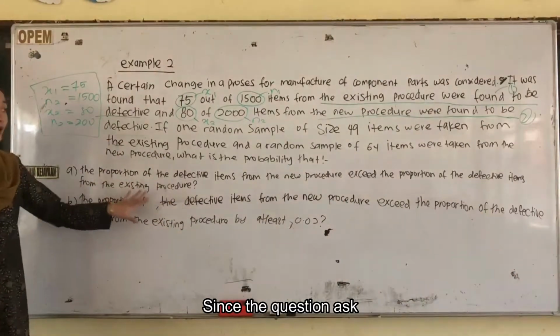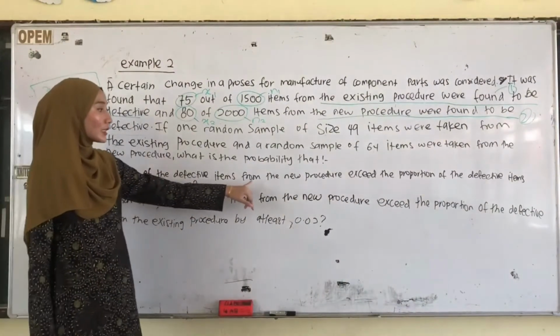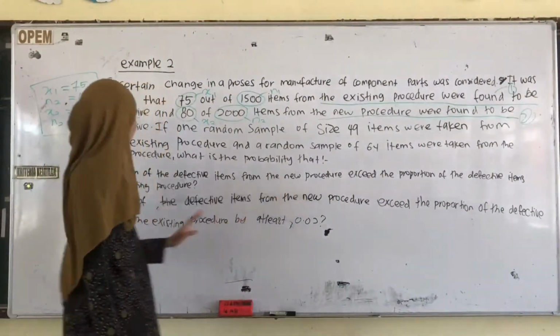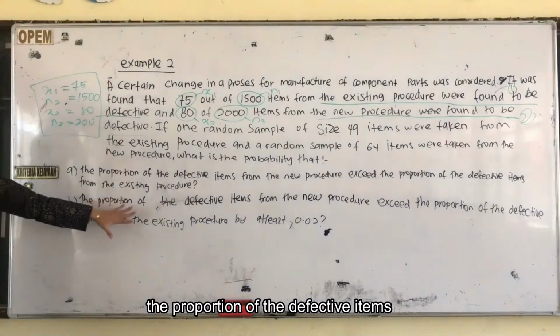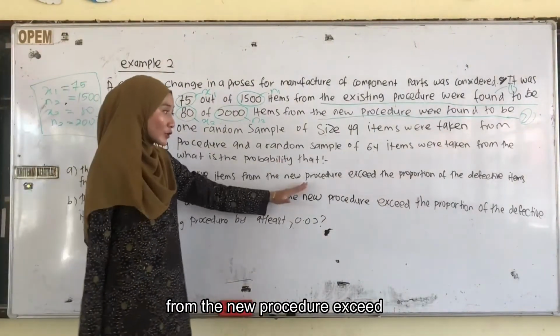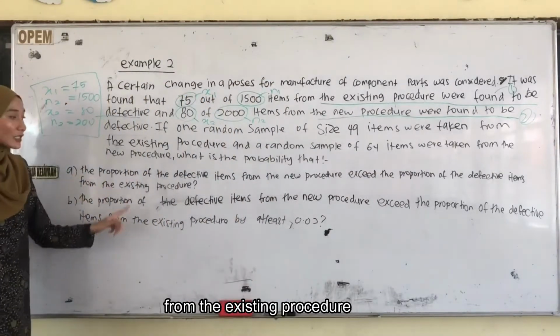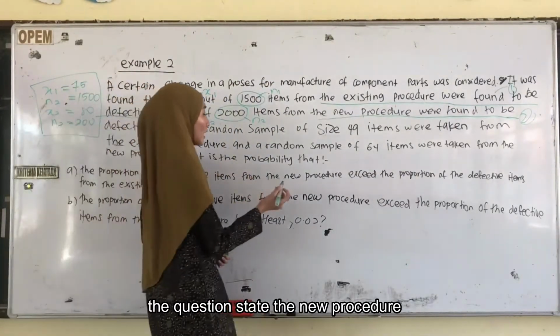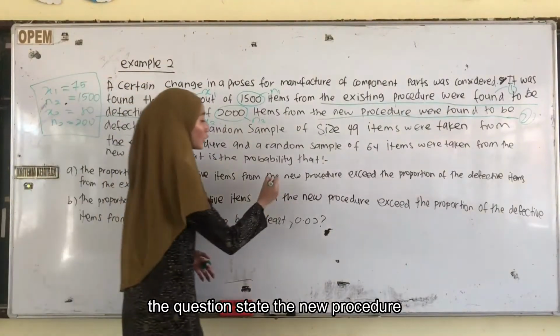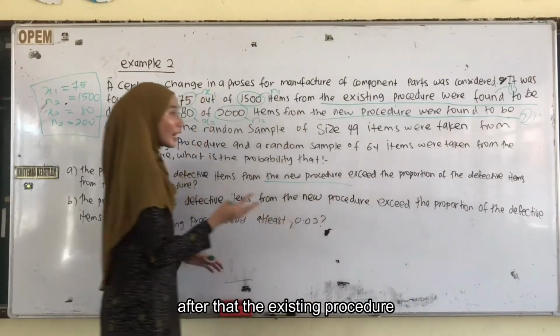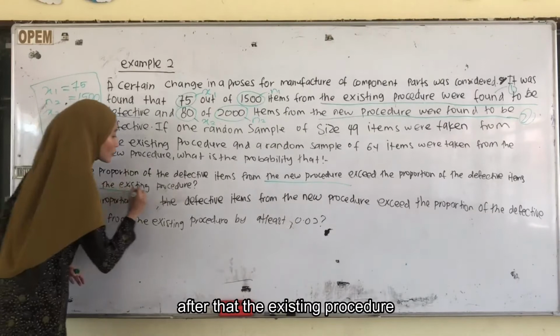Since the question asks the new procedure, the proportion of the defective item from the new procedure exceeds the proportion of defective item for the existing procedure. So the question states the new procedure, after that the existing procedure.